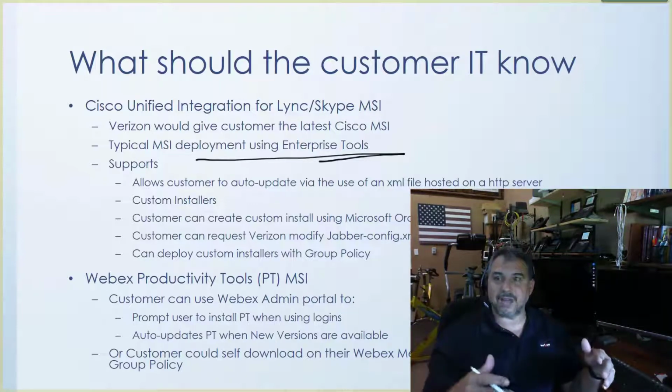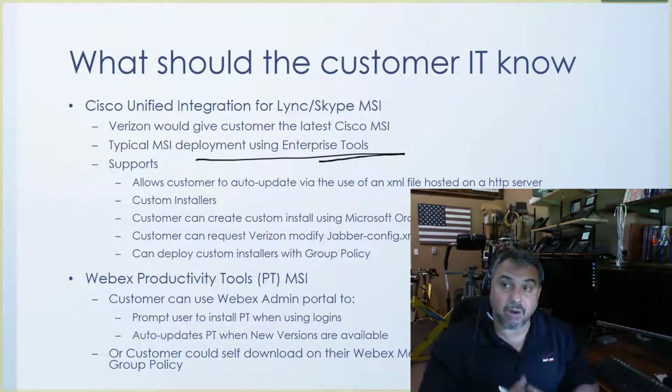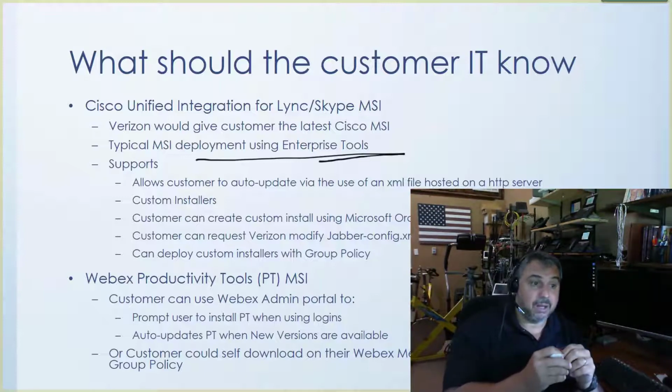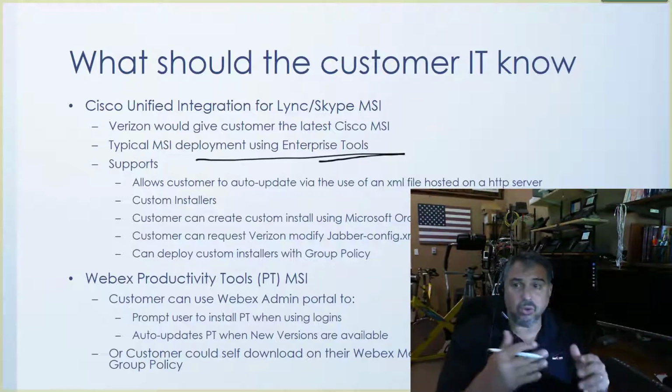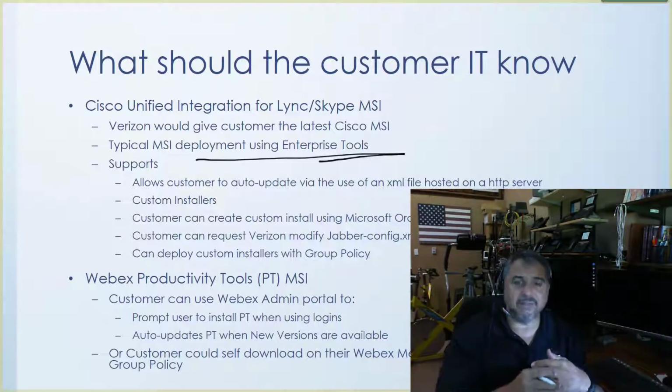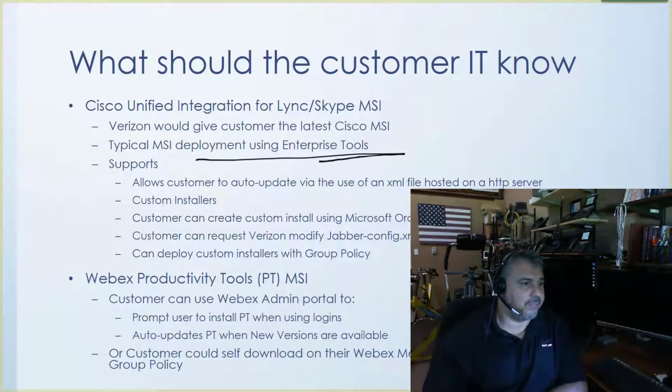It just pops up. That's a silent install. So all these kind of nerd knobs and levers are there to deploy this application. And if you just Google the CUCI Lync MSI install options, you'll find that stuff. I think I have some links for you. If not, contact me. I'll point you to them.